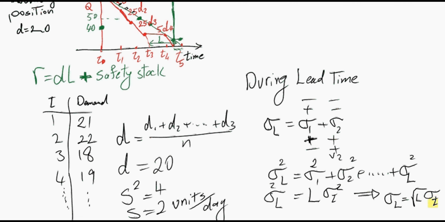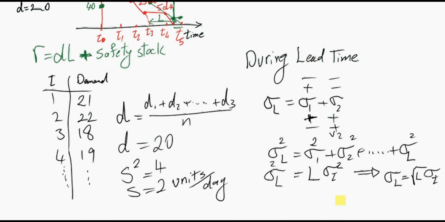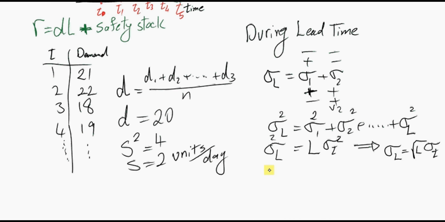Now, in this specific example, the standard deviation of the variations during the lead time will be square root of 2, because the lead time is 2 and the standard deviation of units per unit of time is 2, so it would be 2 square root of 2.